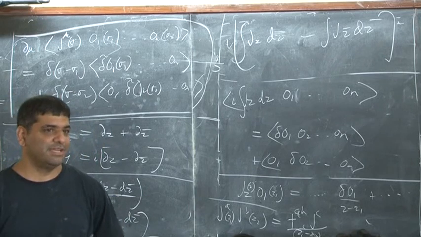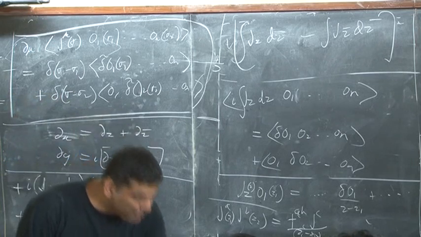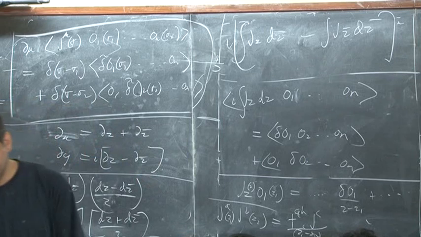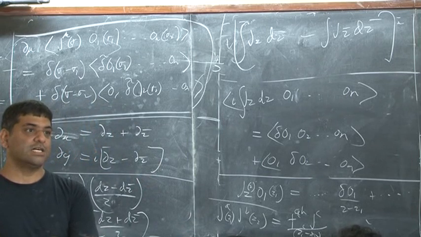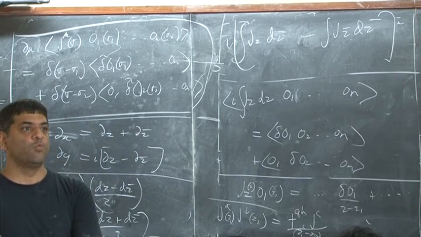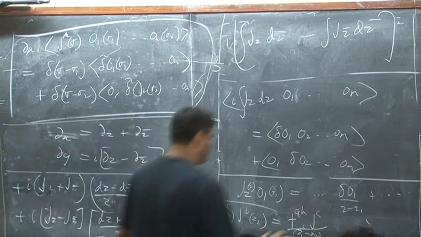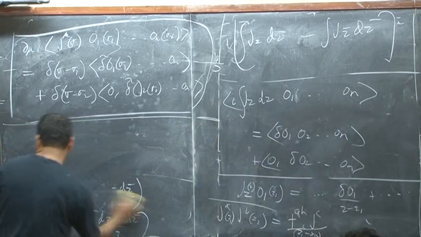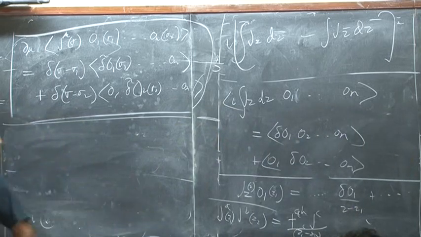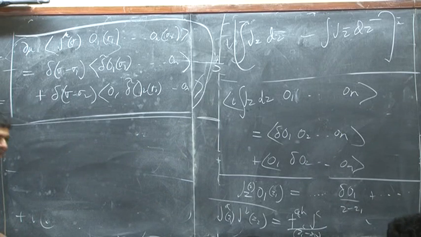Okay, but let me quote a theorem, which we will prove in one of the lectures. Theorem: any unitary conformal field theory with a dimension, first, just a little terminology. Maybe I should introduce that.